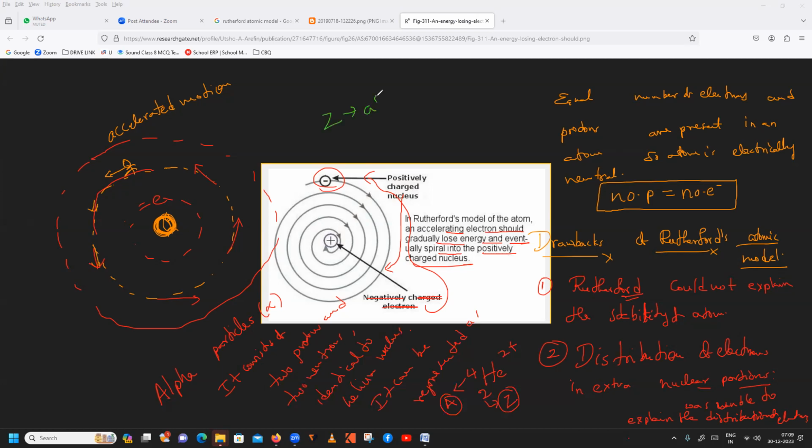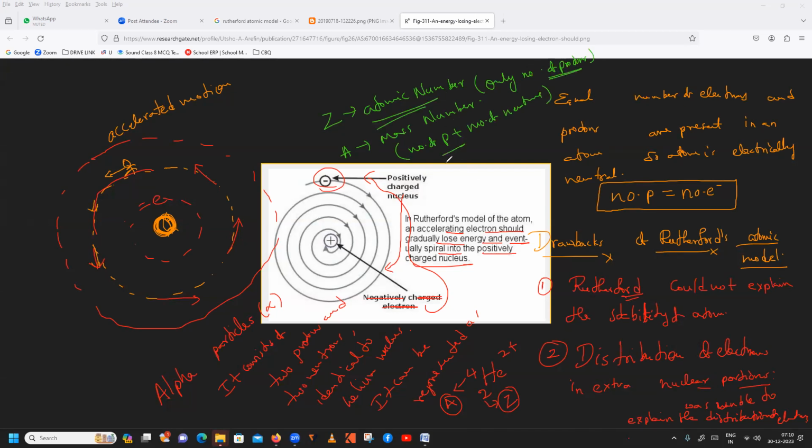Z is the atomic number, which we will study in this chapter. And A is the mass number. Atomic number means only the number of protons.